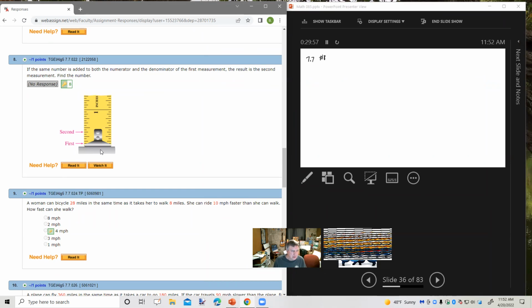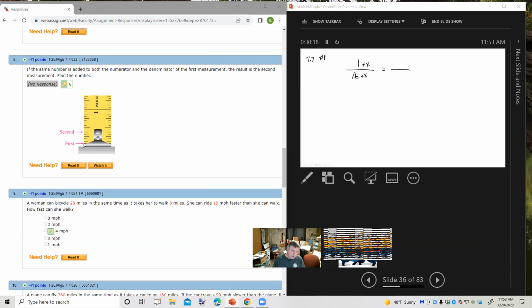Okay. So we've got 1/16. If the same number is added to both the numerator and the denominator of the first measurement, the result is the second measurement.